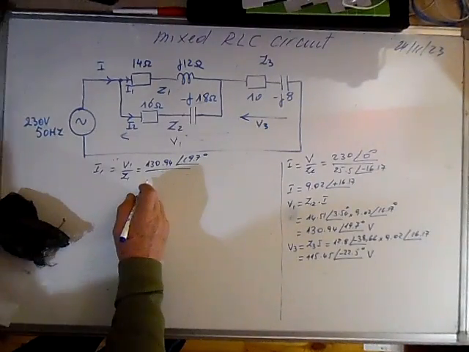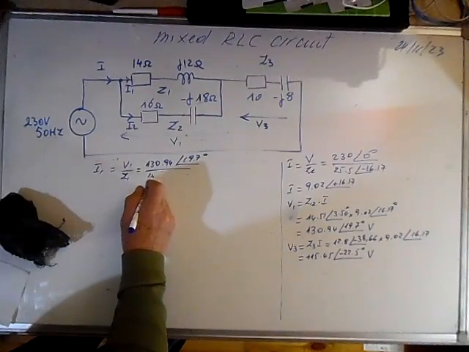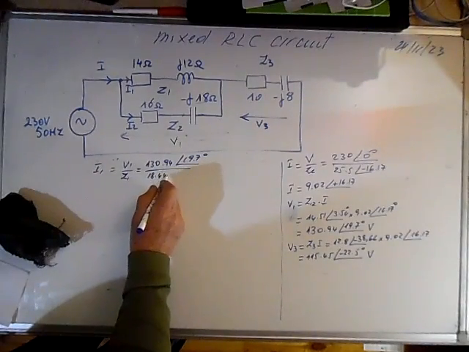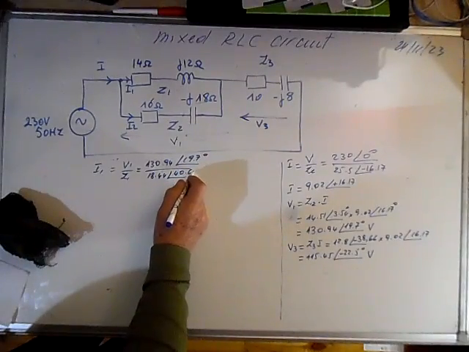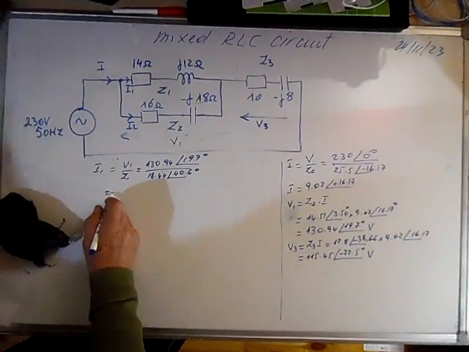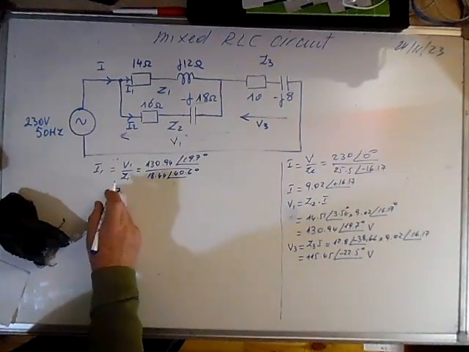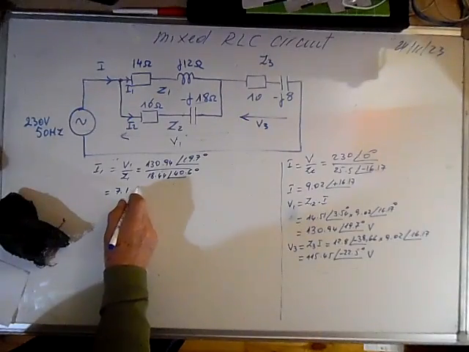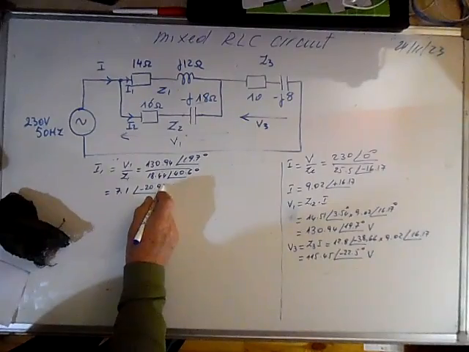Z1, I forgot about it. Z1 is about 18.44 and 40.6 degrees. I1 will be equal to 7.1 and minus 20.9 degrees.